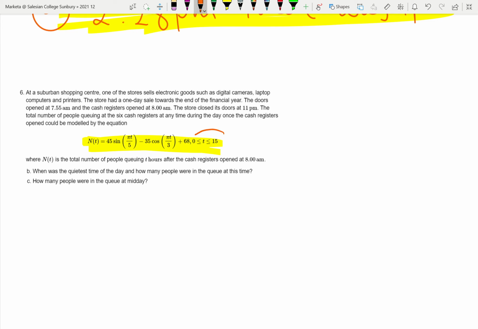The domain will give you a good clue as to what you want your window to be in your CAS. So when I do this, I like to put a little bit above and below. So when you go to the window button like this, my X minimum, I'd put -1, and my X max, I'd put 16.